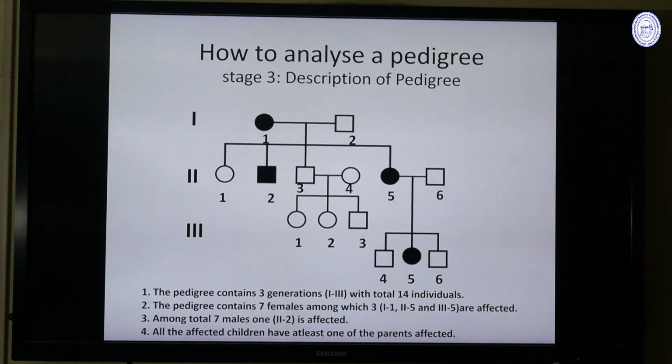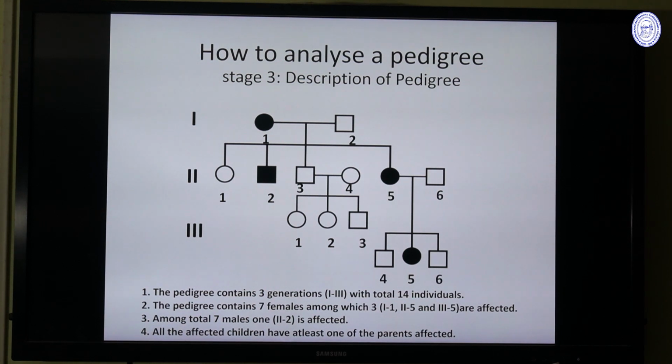Now, we have to describe the pedigree in detail. So, this pedigree contains 3 generations with a total of 14 individuals.